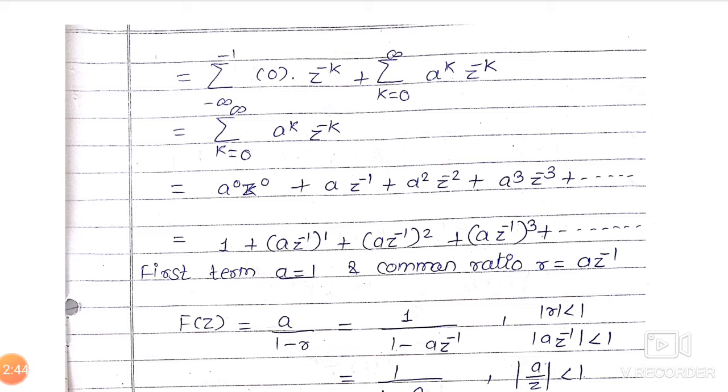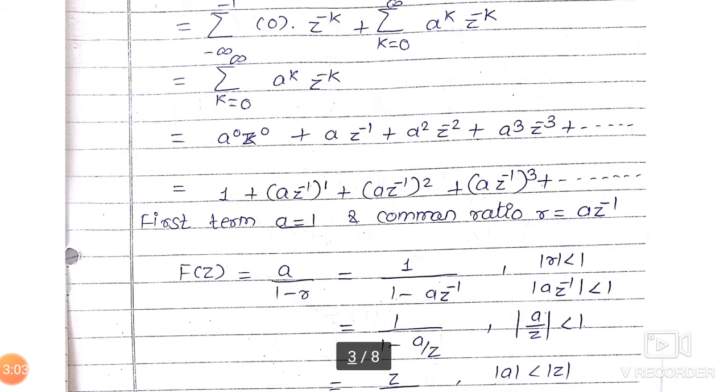So as the sequence is in GP, you can easily write its sum. So its sum is given by a upon 1 minus r. We know the value of a, we know the value of r. Let's substitute a and r. So that is 1 upon 1 minus az inverse. And the range of convergence is here mod of r less than 1.